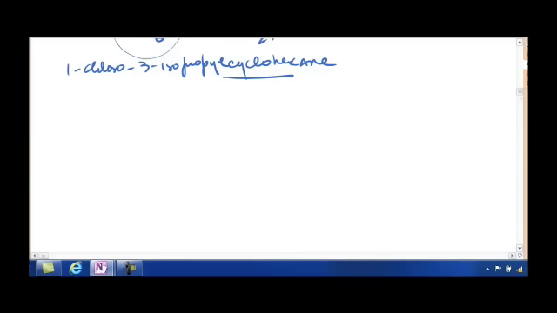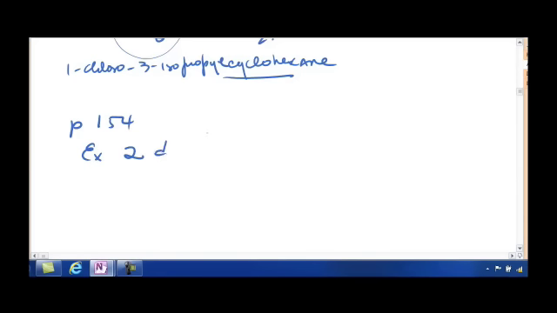Let's do it the other way around. Let's go to exercise number 2, page 154. Pick one from there. Like how about D? 1 ethyl, 4 isopropyl cyclohexane. Problem 2D.